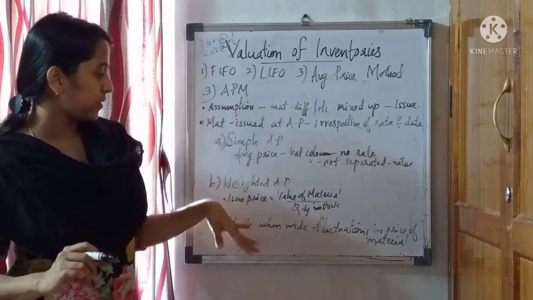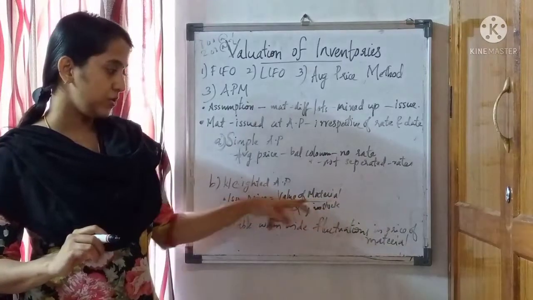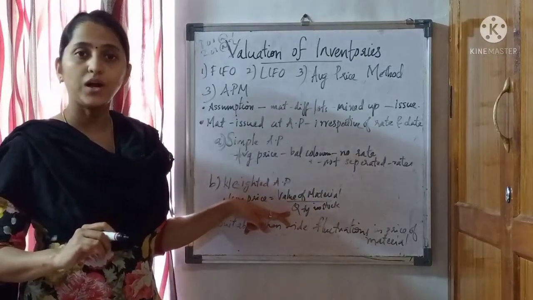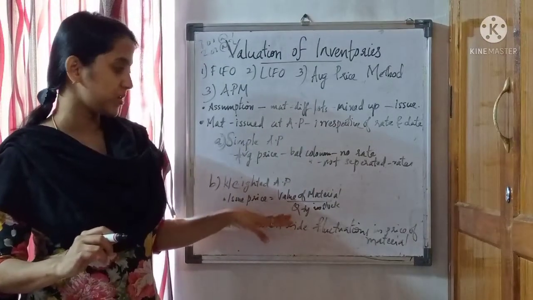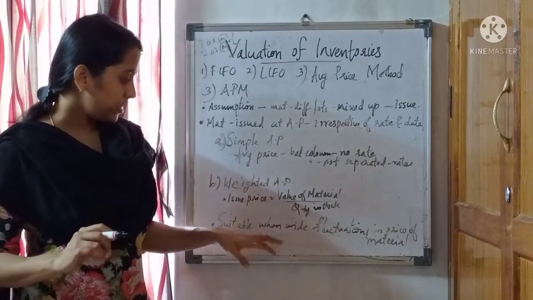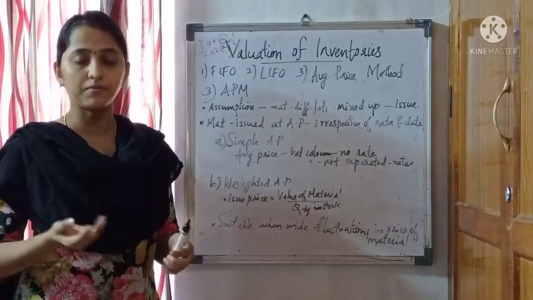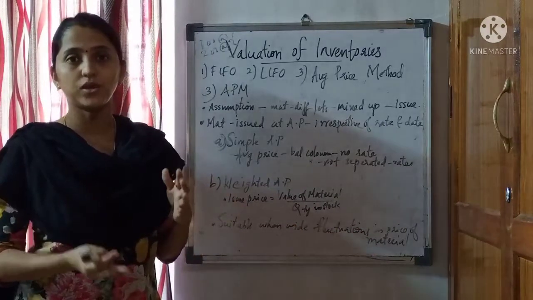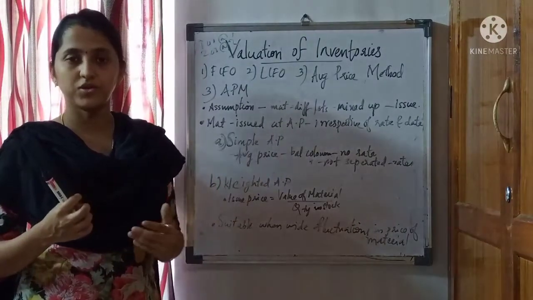Then the weighted average price method: issue price is equal to value of material divided by quantity in stock. How much material we have to issue, and it is based on the quantity. And it is suitable when there are wide fluctuations in the price of material. Sometimes there will be wide fluctuations, high rates and low rates, while we purchase.